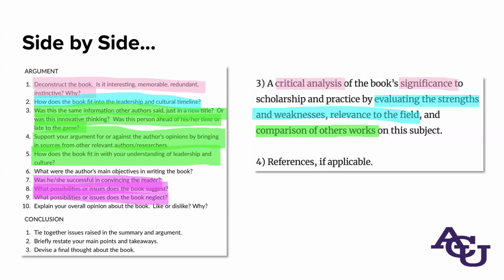And if we look at that, successful in convincing the reader, what possibilities does that suggest that I've highlighted on the bottom? That corresponds to that critical analysis. It's another way of approaching that. And that analysis of its significance includes what it proposes and what it leaves out. There's a saying that no one can do all things well and quickly and cheaply.